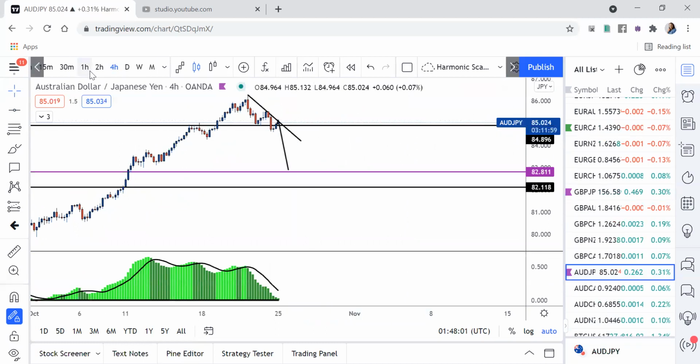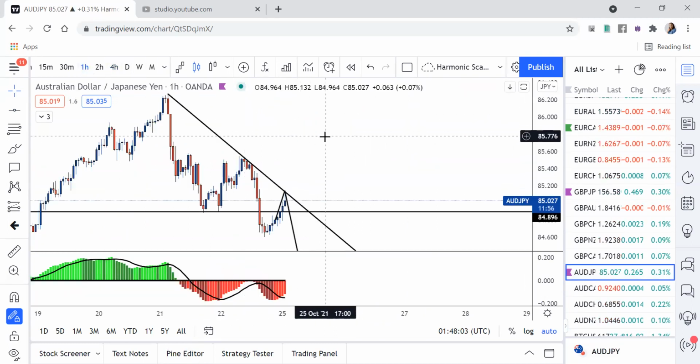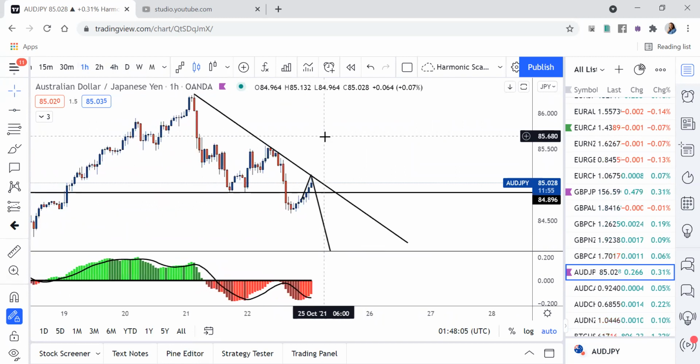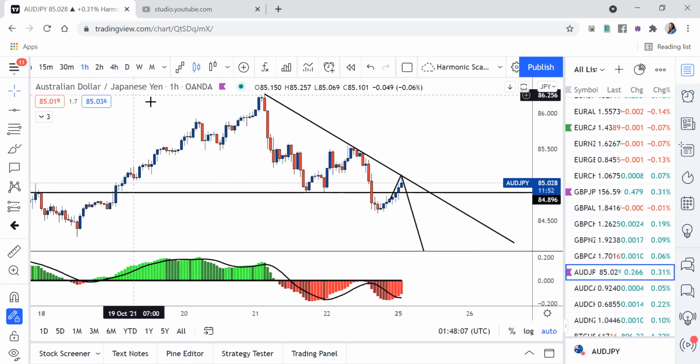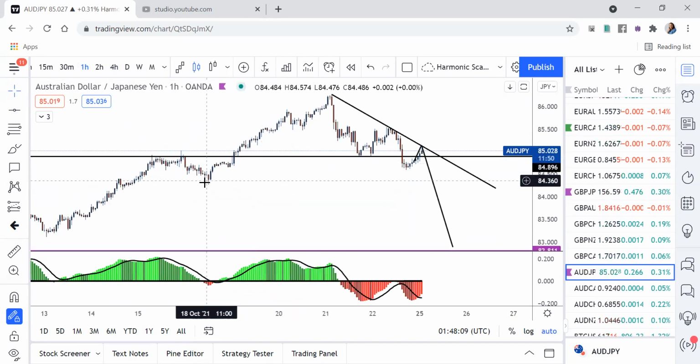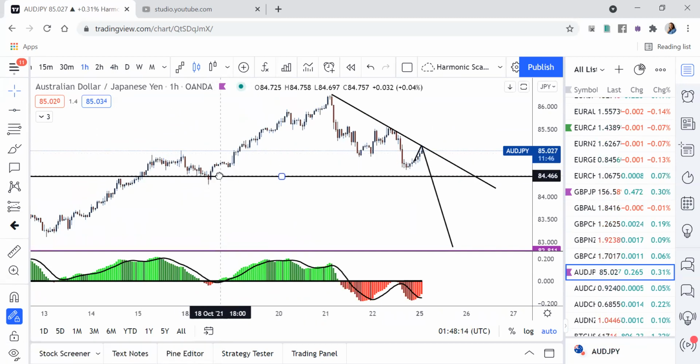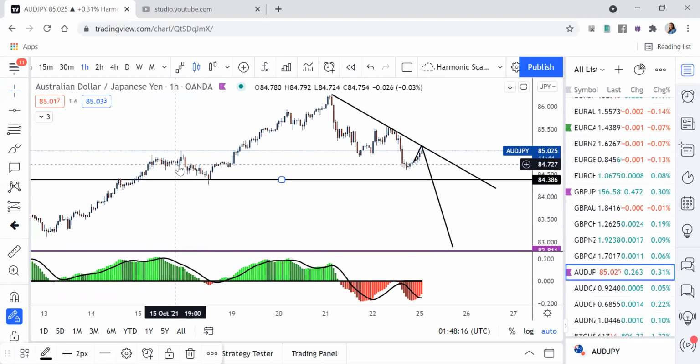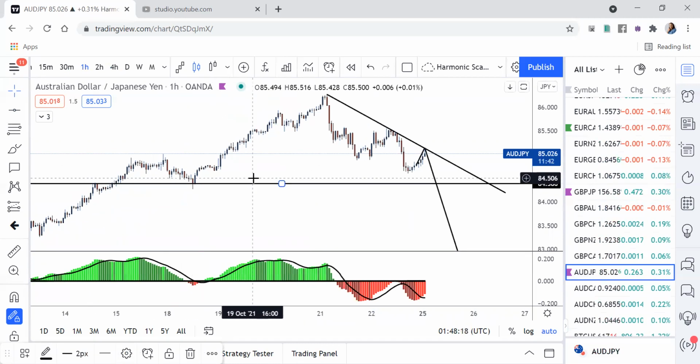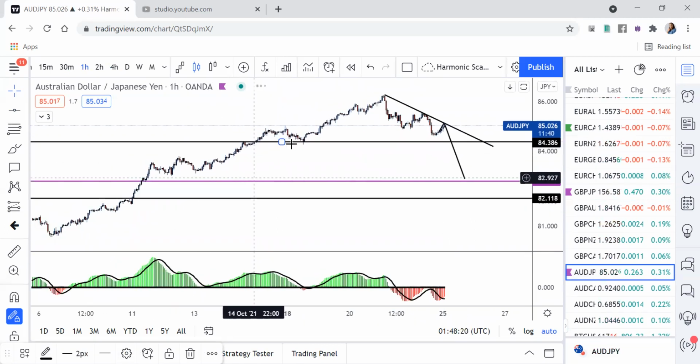Aussie JPY, same thing. The 1 hour low is actually here, right here on JPY. Right, this is the 1 hour low.